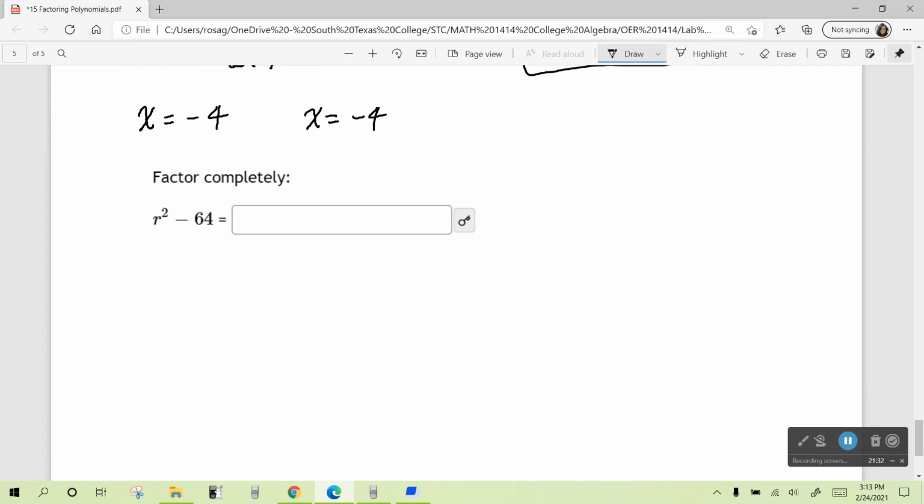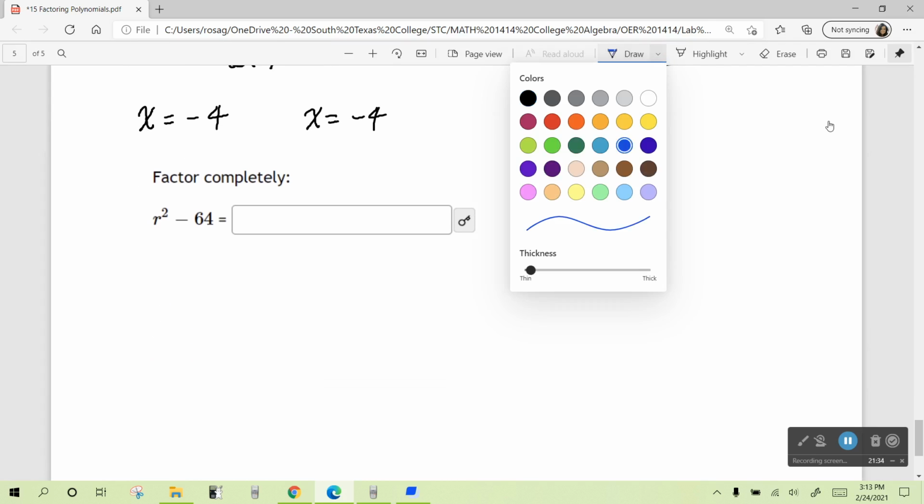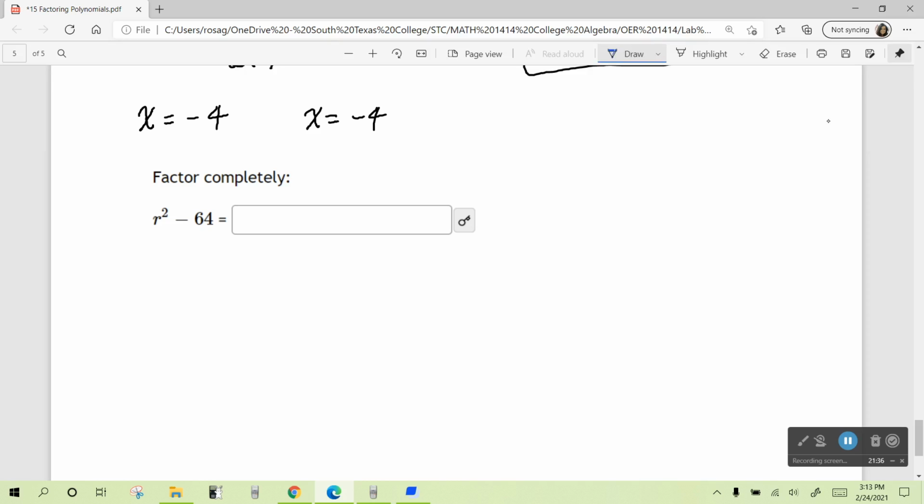This is one you can do the same way. If you're doing it by factoring, they would need to add up to 0. So they would multiply to 64, and they need to add to 0.